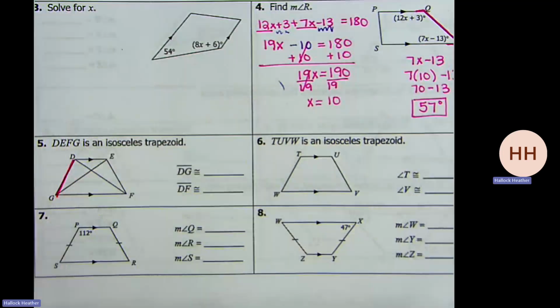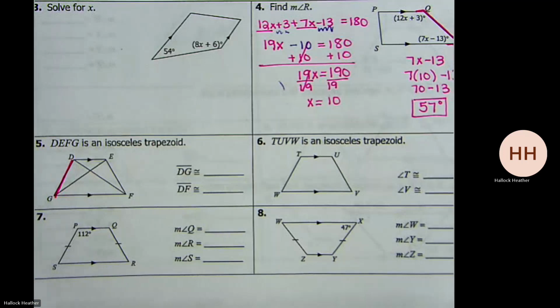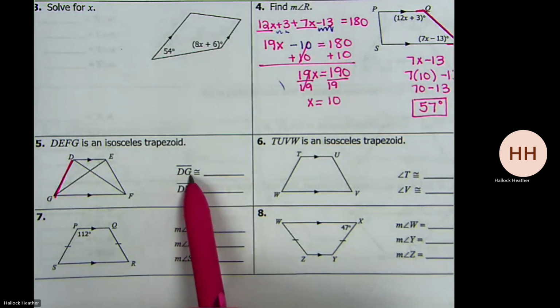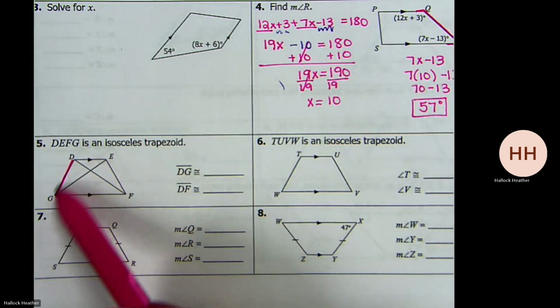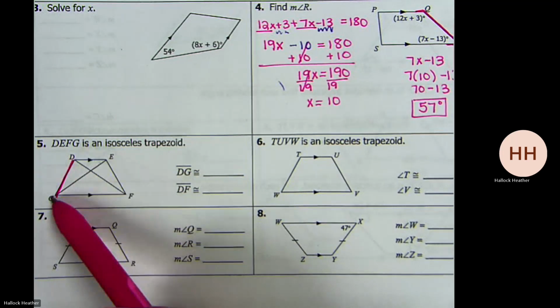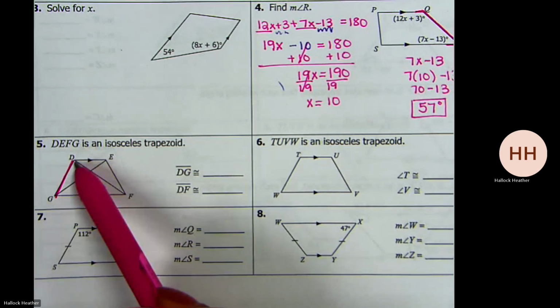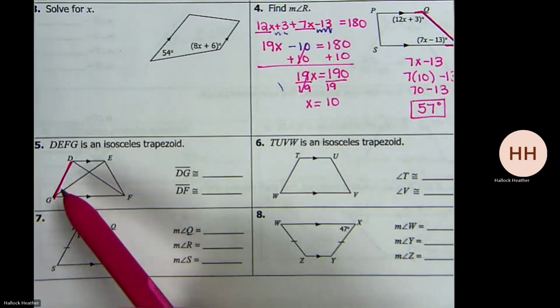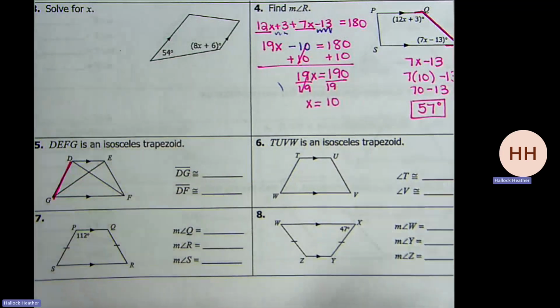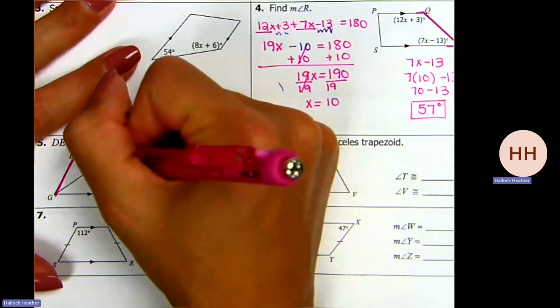What segment is going to be congruent to D to G? D to G is going to be congruent to what? EF. Thanks, Logan.